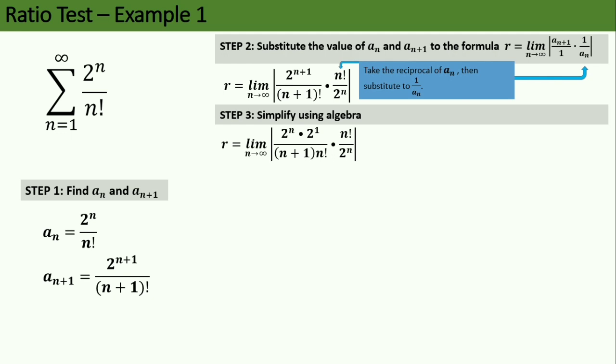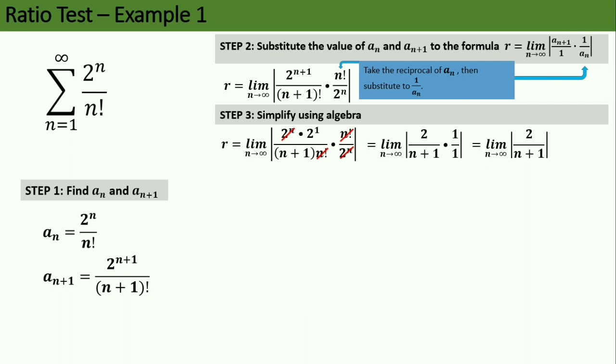And diri sa denominator, ang first term nato is n plus 1 factorial, same with the quantity n plus 1 times n factorial. Para ma-cancel out nato ang numerator nga n factorial. Then cancel out nato si 2 to the power of n and 2 to the power of n. Si n factorial pod sa numerator and sa denominator. Then nabilin nato is 2 all over n plus 1 multiplied by 1 over 1.